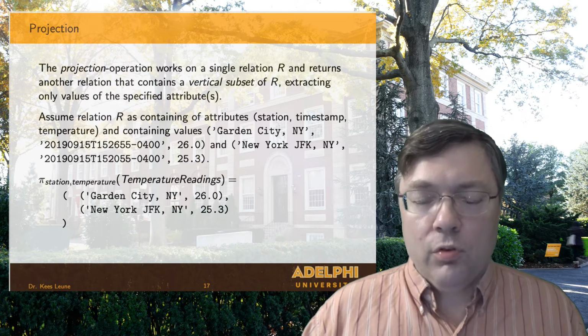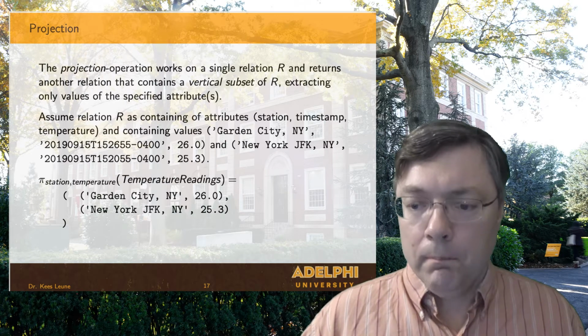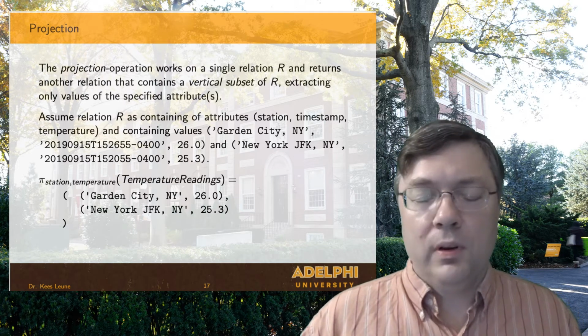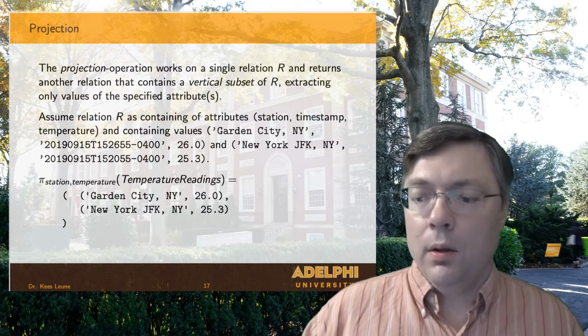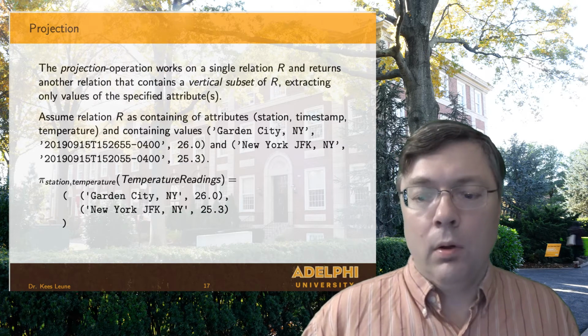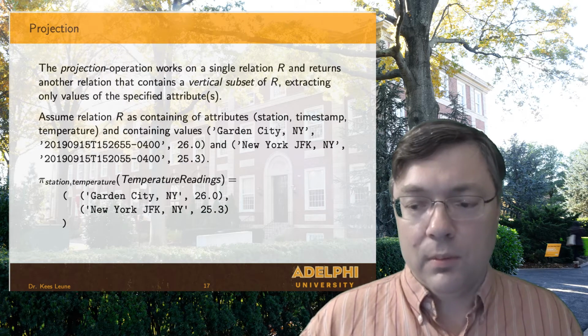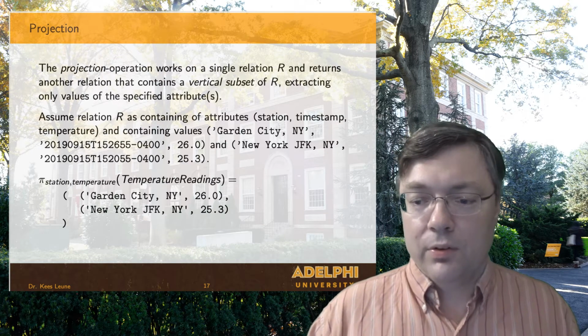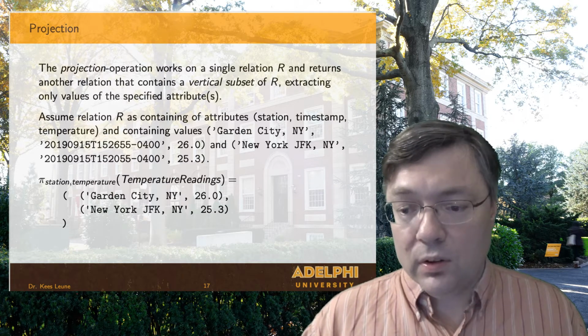I have two tuples in there, so two readings, Garden City, New York, the first timestamp and 26.0 degrees Celsius, and I have New York JFK, also New York, another timestamp. It's a different one, 6 hours time difference, and 25.3 degrees Celsius.